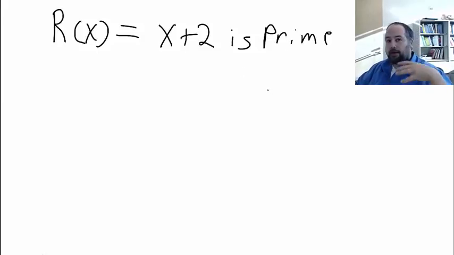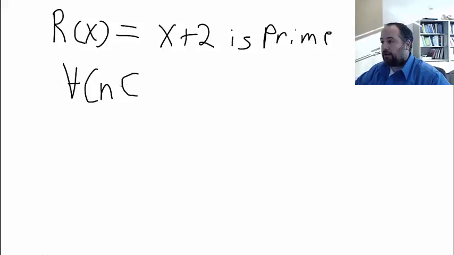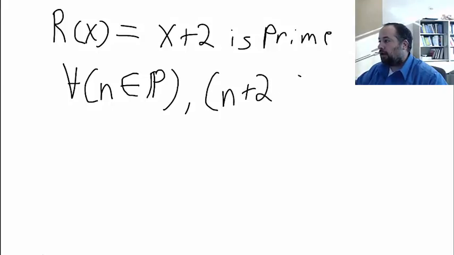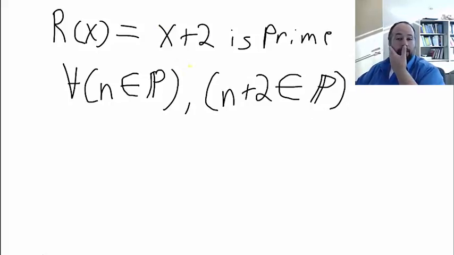Then we could make the predicate statement: for all n that are members of the prime set, n plus 2 is also a member of that prime set. This is an important concept I want you to wrap your mind around.